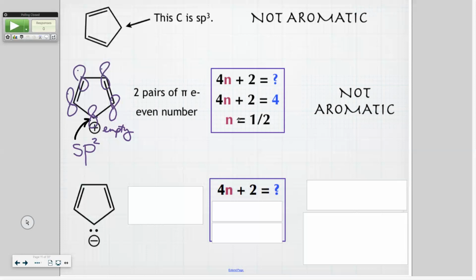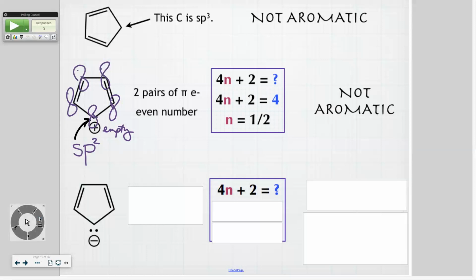All right, how about this one? This one looks like Bart Simpson or his dad. What is it? Homer. Yeah, it looks like Homer, doesn't it? Okay, so what is the number of pi electrons in this? So what we're going to count is everything that's in a p orbital.